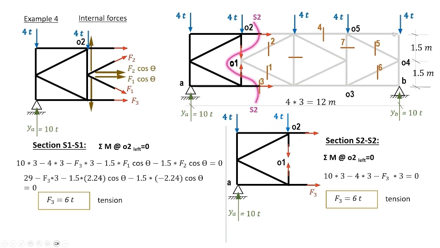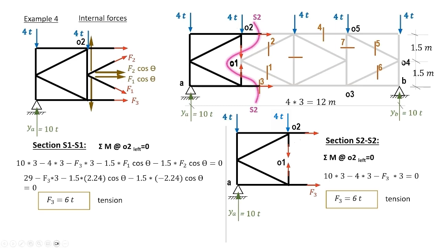In this example, we will not compute all members as the ideas will be repeated. So let's consider members 5 and 6. They really resemble members 1 and 2 and could be easily computed by two equations having two unknowns.